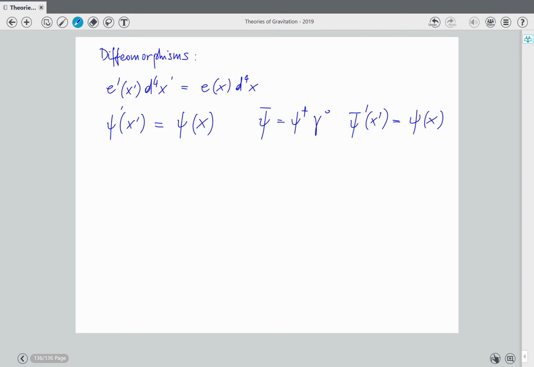Then we also know that partial mu prime transforms as a vector: partial x nu over partial x mu prime, partial nu. E A mu prime again has one upper index mu, so it has to transform like this.